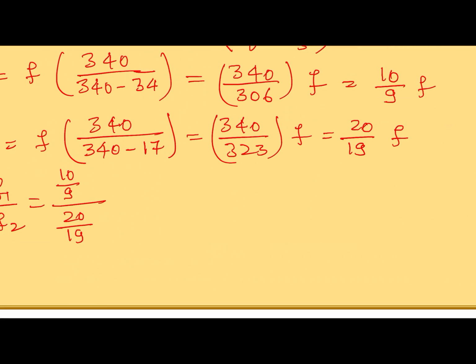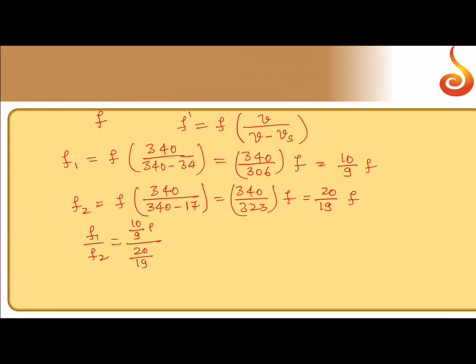So f gets cancelled. So that will give you 19 by 18. That is option D.